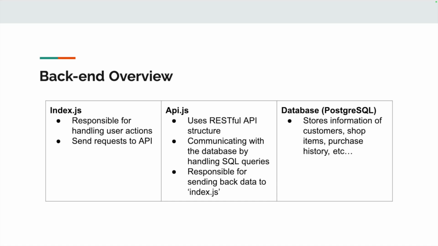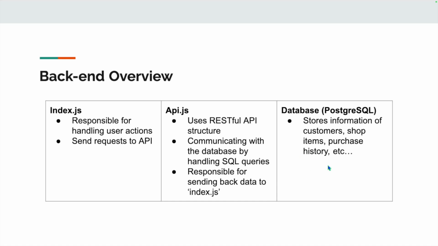But if they click on Purchase History, then the index.js will say, okay, so the user wants to see all the purchases they have made, and then it will send that request to the API. And then the API will use SQL code, or an SQL query, to get back all of the orders that this user has made from the database.